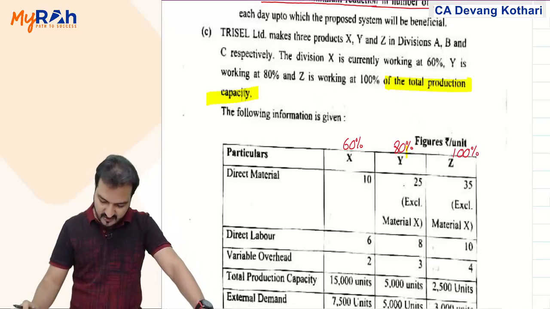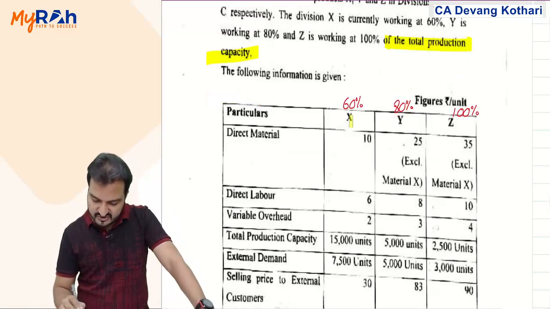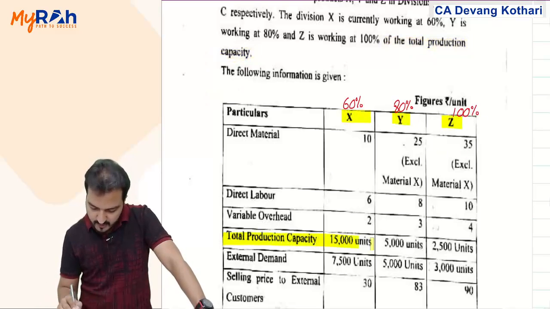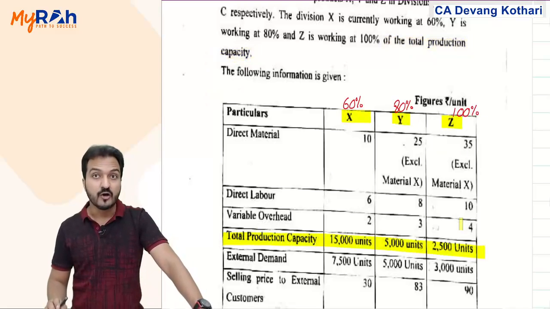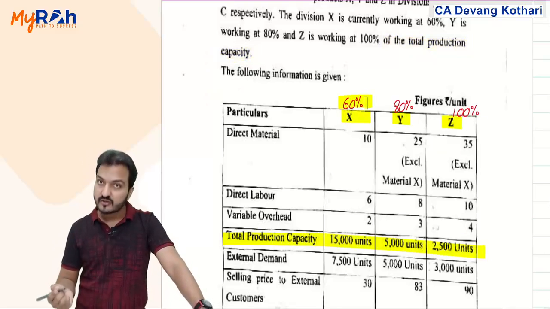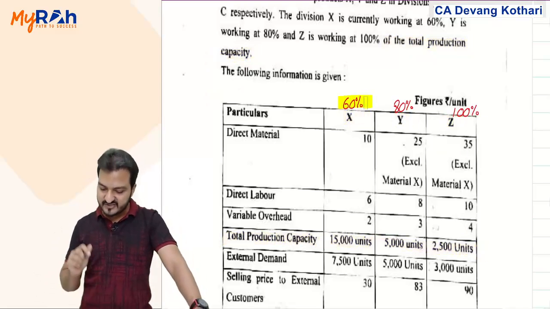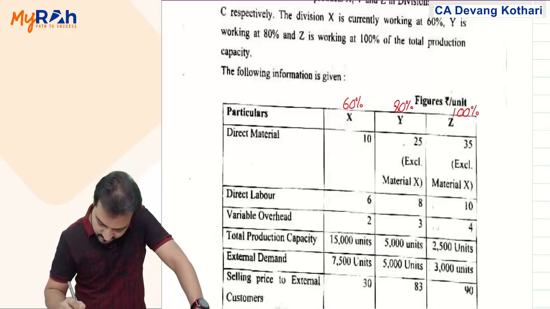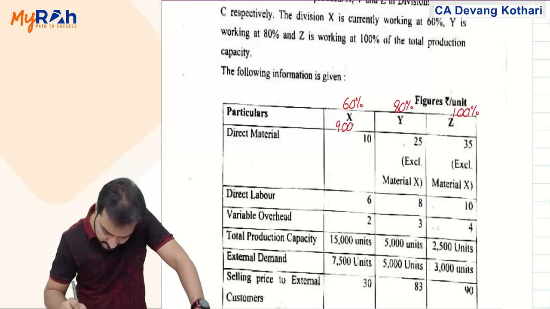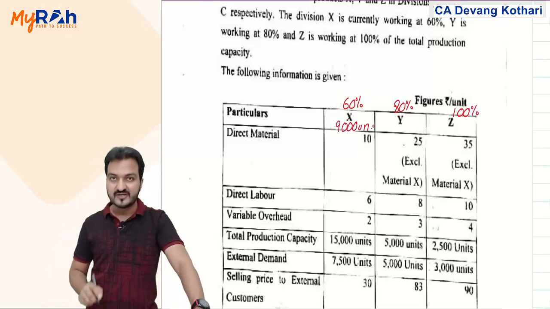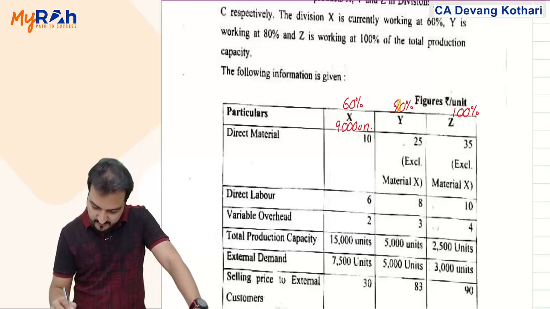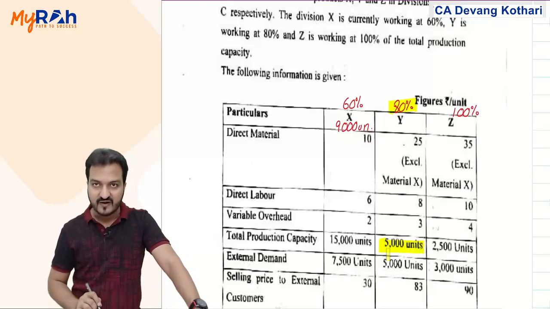Now if you see the table below here, you are given details of divisions X, Y, and Z, and later on you are given total production capacity also. Now X is working at 60% of total production capacity, meaning X is currently producing 60% of 15,000, that is 9,000 units is current production of X. Y is currently producing 80% of 5,000.